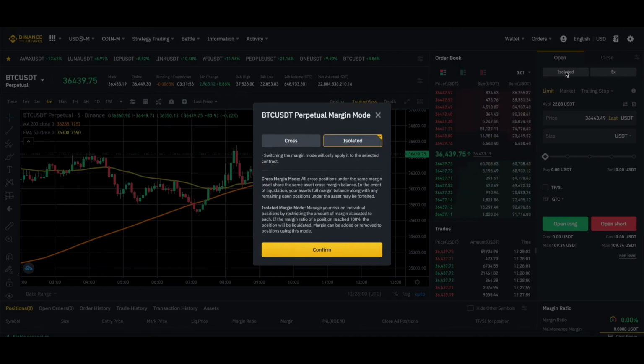So here you can choose between cross and isolated. Cross basically uses all of your available balances against the margin requirements, so any value that you have on your account could be used as collateral for any losses that you get. Whereas with isolated, the margin is only applied to each position individually. So you won't use your entire account for collateral, just what you want for that individual trade.